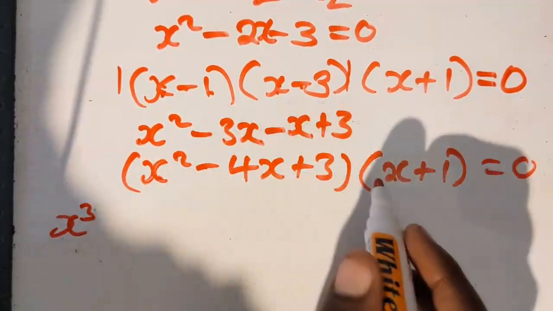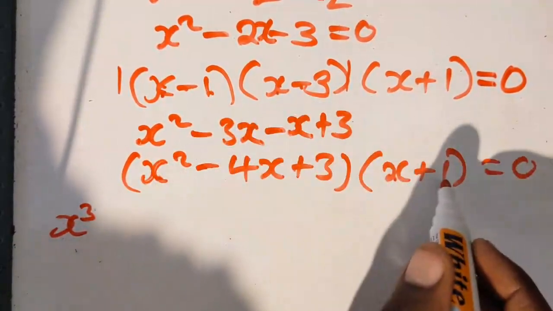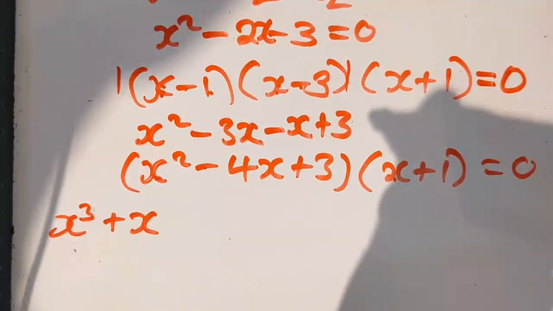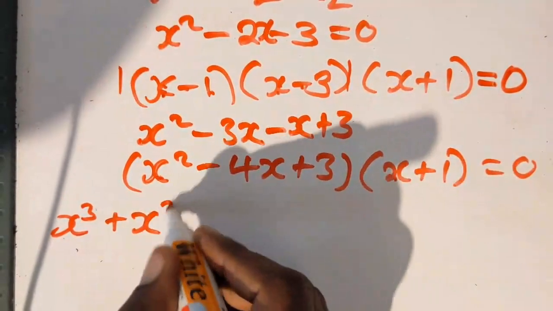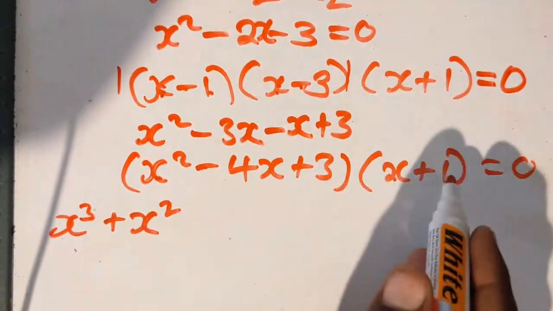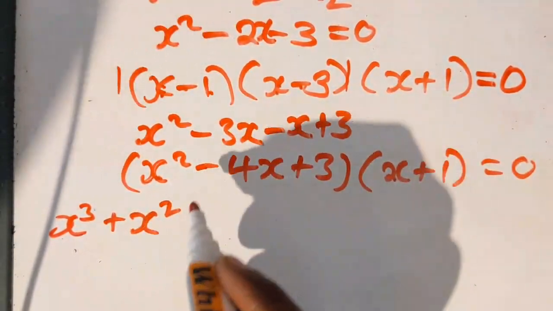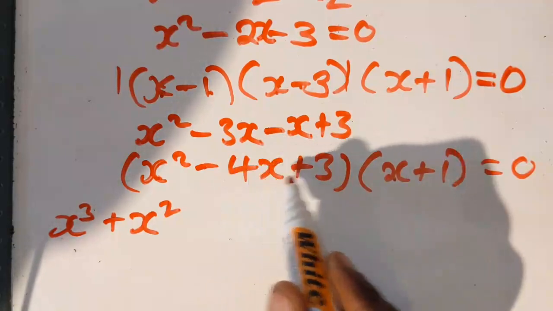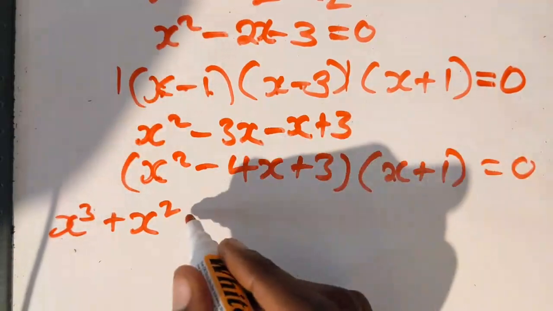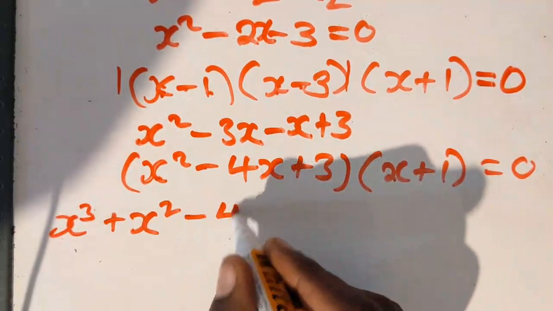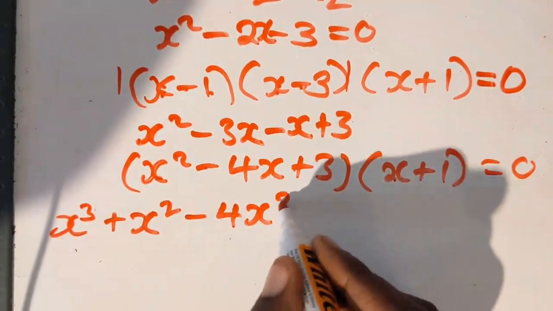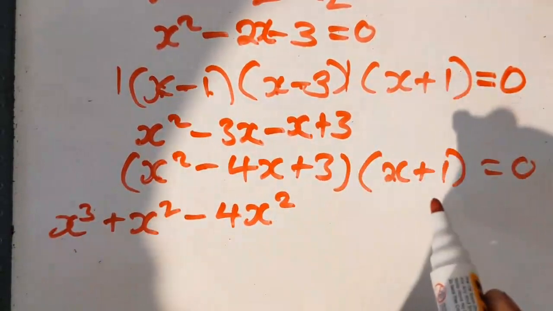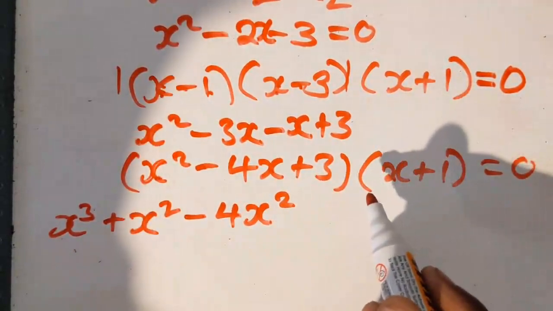Then x squared times 1 gives you x squared. Then we come to this one: negative 4x times x gives you negative 4x to the power 2.